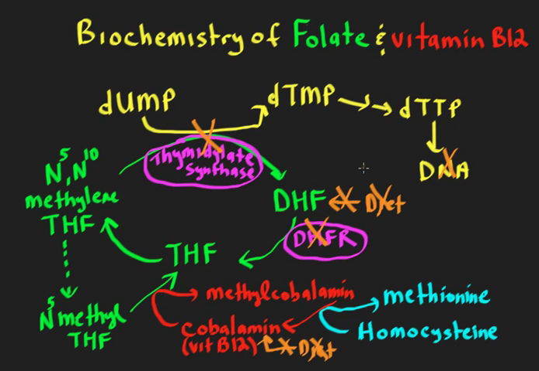And I'll just mention one other drug because it's kind of interesting, and that's nitrous oxide. It's not totally clear how it works to cause megaloblastic anemia, but it has an effect on B12, and some people believe that nitrous oxide might be blocking this process here.